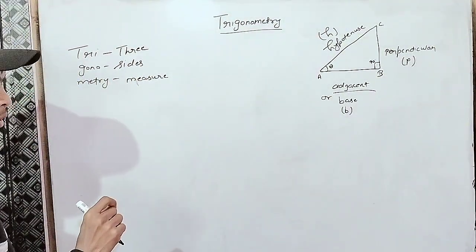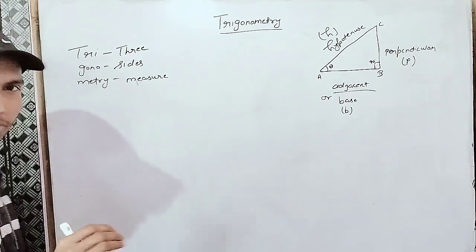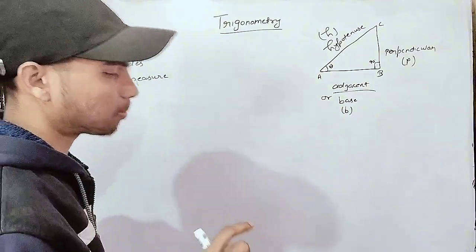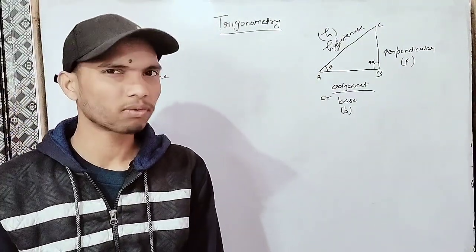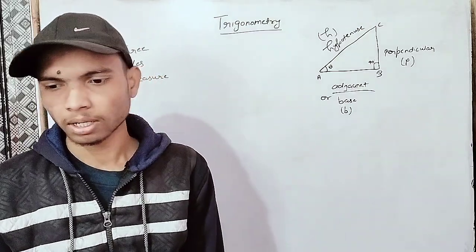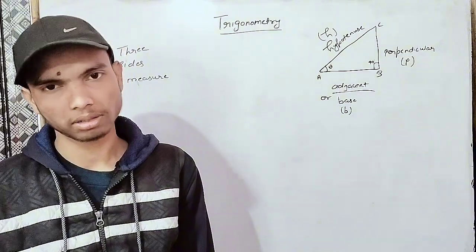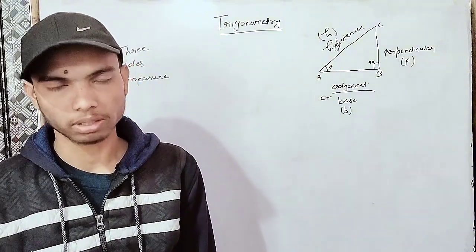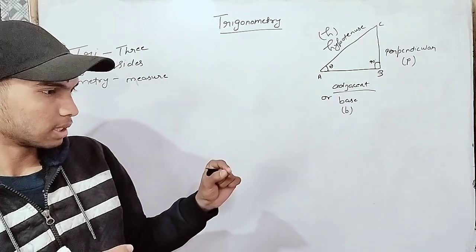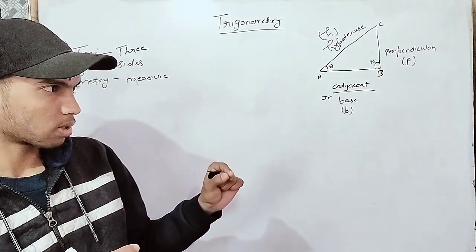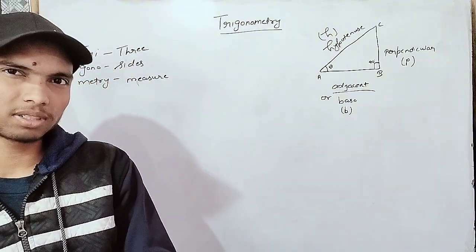Now we are moving on to the discussion of the Pythagoras theorem. The Pythagoras theorem will come up a lot in the context of the mathematics subject, and it will help. What does Pythagoras say?